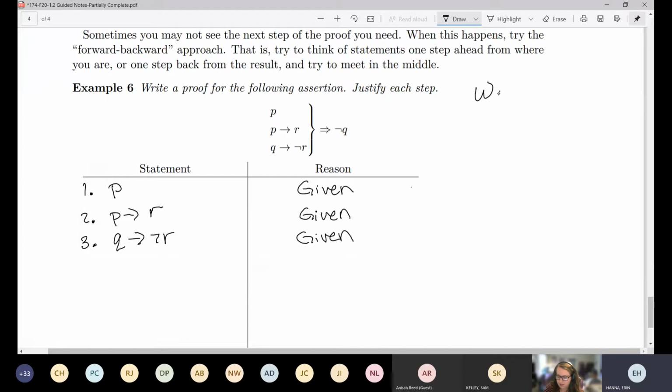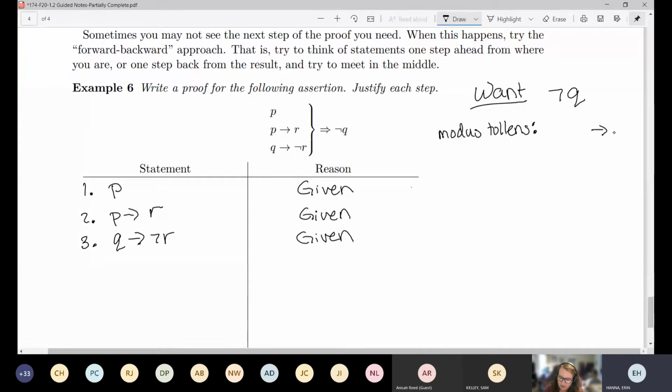So I want not Q. Let's try to figure out some of these rules that could give us not Q. If I look at those inference rules, if I use the one that ends with not P, that might work. That one's going to be modus tollens again. Modus tollens and modus ponens are like your best friends.